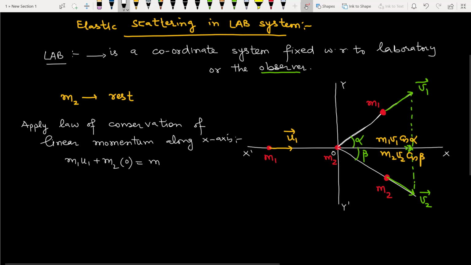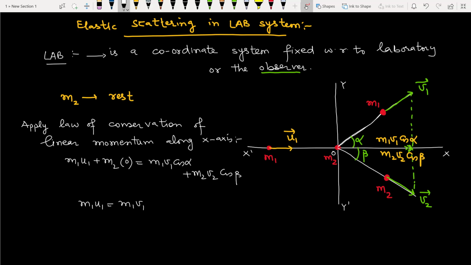So m1 u1 is equal to m1 v1 cos alpha plus m2 v2 cos beta. We mark this as equation number 1.